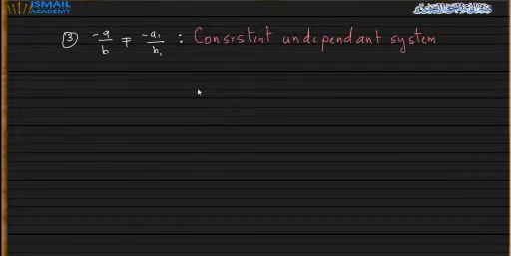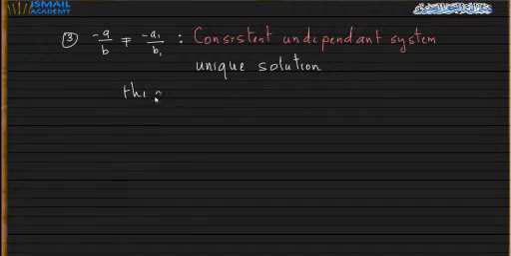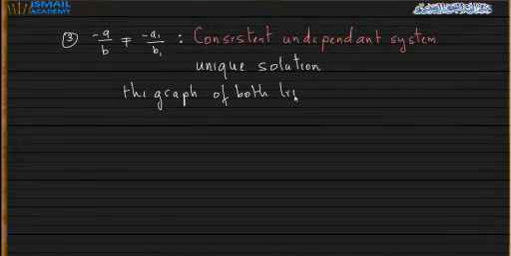Which means that we have a unique solution. And the graph of both lines will be intersecting lines.